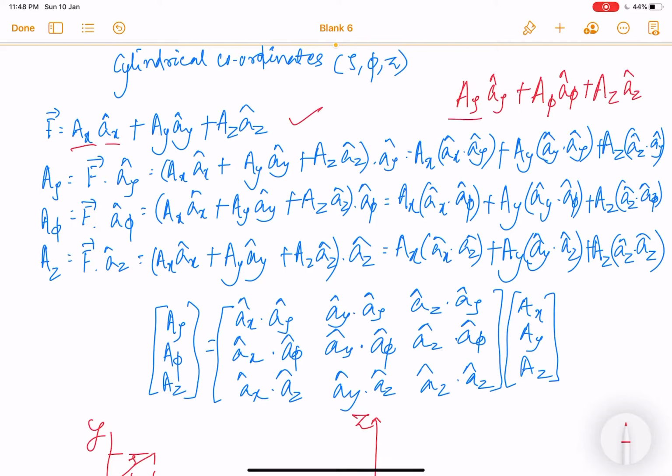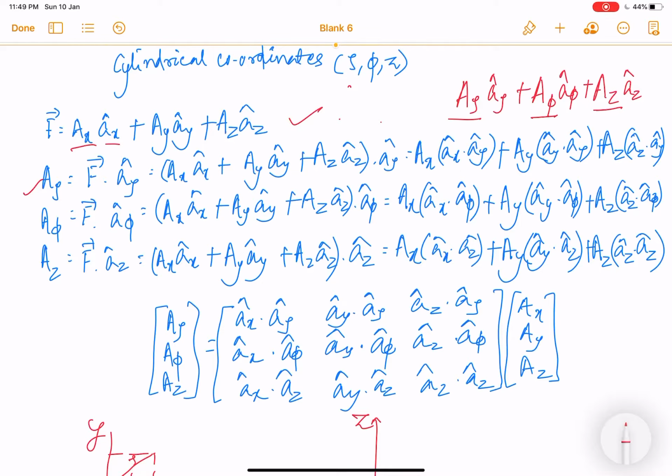For that, I need to take out the values of A rho, A phi, and A z. So what is A rho, and what is the meaning of A rho? A rho is basically the component of vector f in the rho cap direction.